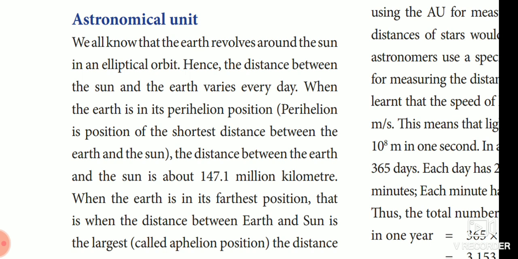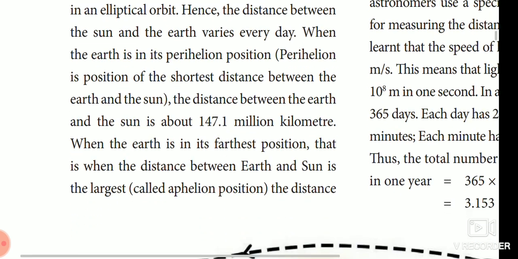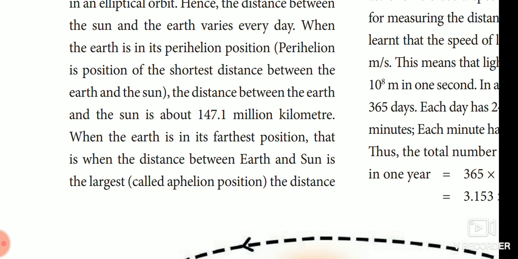When the earth is in perihelion position, that is the position of shortest distance between the earth and the sun, the distance is about 147.1 million kilometer. When the earth is in the furthest position, that is, the distance between the earth and sun is the largest, that is called aphelion position.